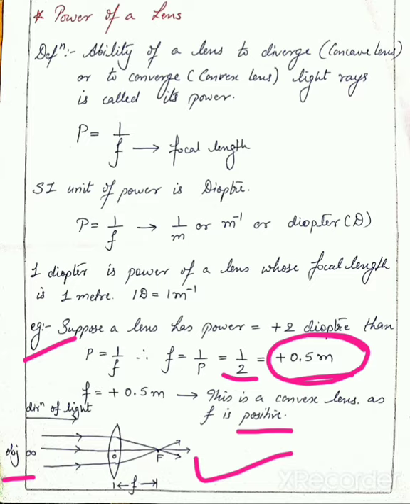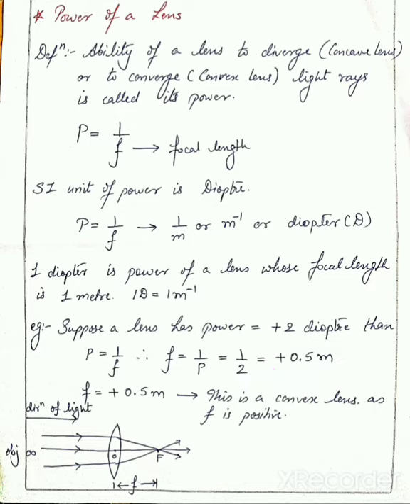You know that whenever we measure any distances, whether it is object distance, image distance, radius of curvature or focal length, we start the measurement from the optical center. So I have to measure this focal length in this direction. And the direction of measurement of focal length and the direction of light is the same.